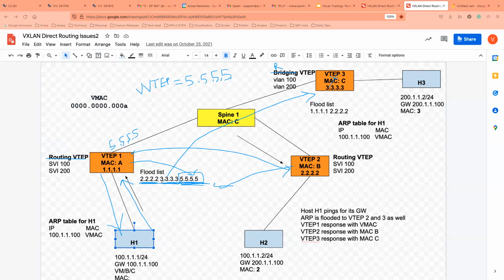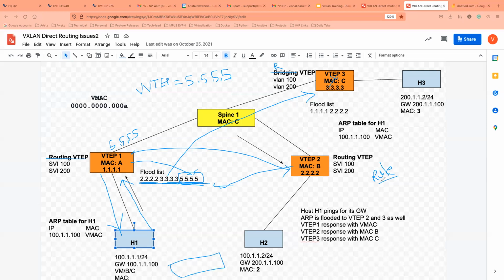Now this guy is sending an ARP request. What will happen? We have one rule to avoid duplicate ARP packets and host flap, the issue we have seen. However, in the new release, that issue is also resolved. But basically we have one rule to avoid duplicate ARP replies, because all VTEPs end up sending ARP replies.